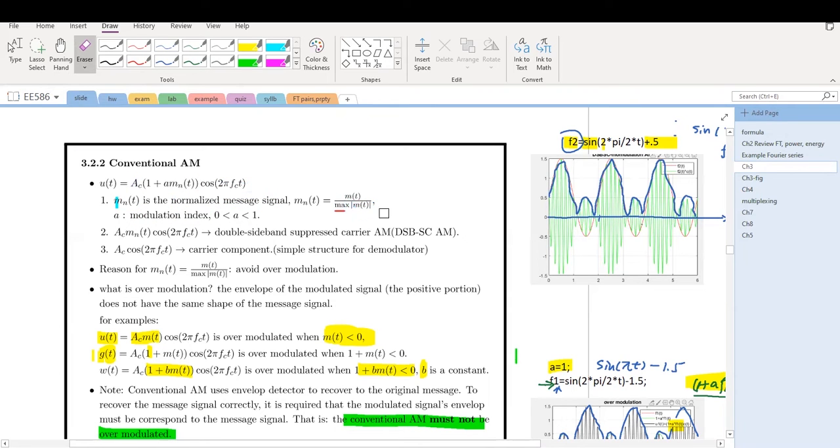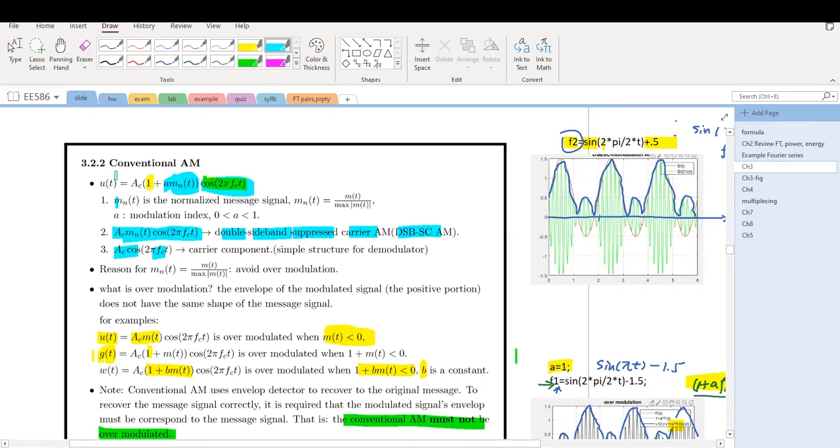If we look at this modulated signal of conventional AM, we can break it up. There are two terms here. One term is cosine 2 pi f_c t multiplied by 1. The other term is a m_n(t) multiplied by cosine 2 pi f_c t. This portion is the double sideband suppressed carrier, the DSB-SC signal. And this portion here is the carrier.